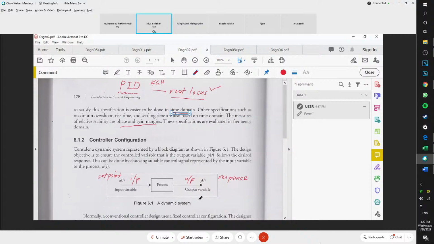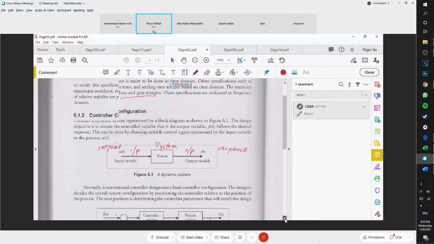Okay, guys, this is a typical representation of any system, process or system. You can call this process or system or plant. For example, you have an aircon system, a robotic system, a vehicle system, and so forth. A liquid level system, a spring damper system, and so on.